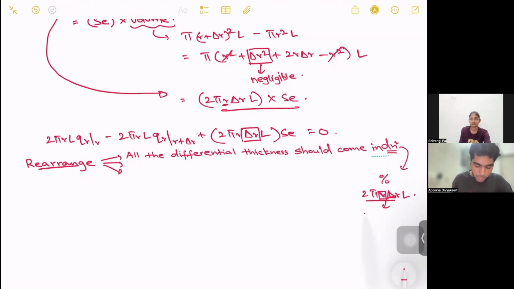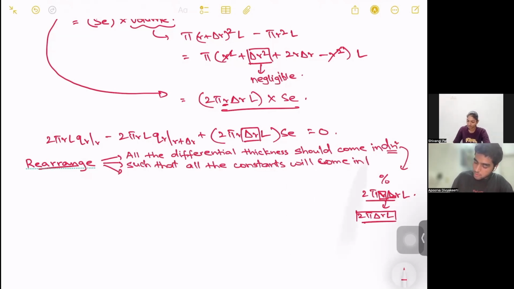The second thing we have to keep in mind is that we have to rearrange such that all the constants will come in the RHS.